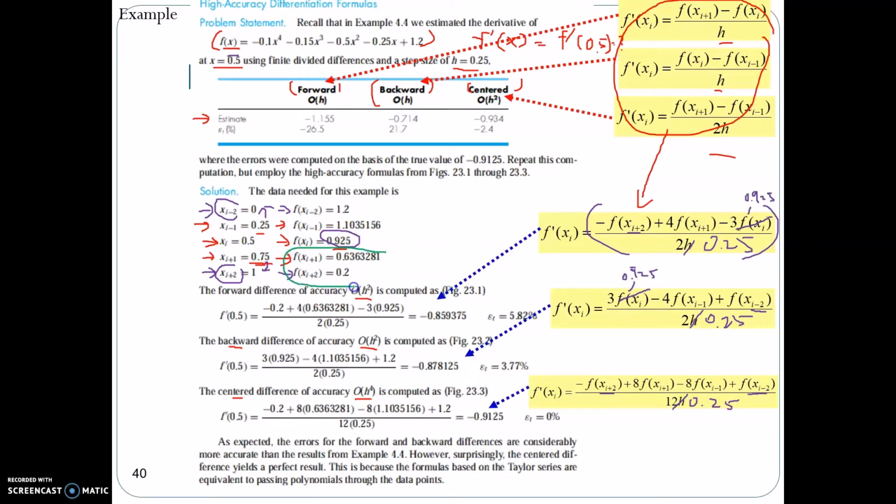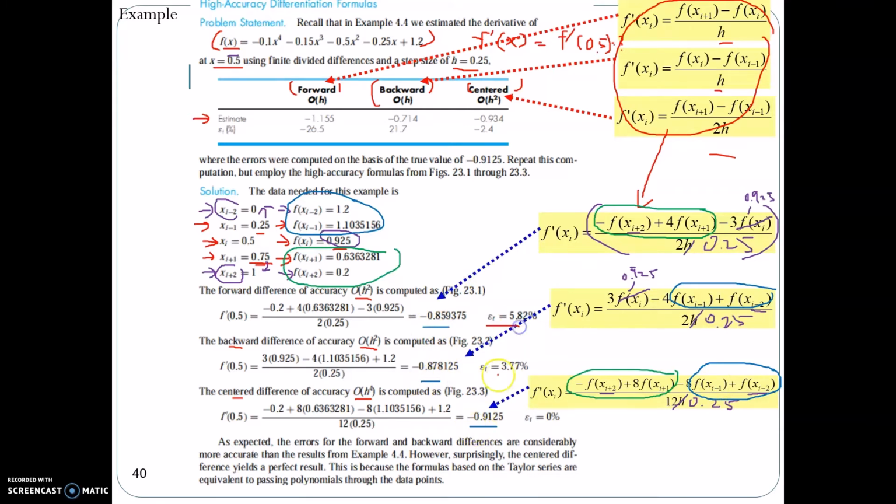Substitute the forward two points to the forward formula and the center formula here. Lastly, substitute the backward two points to the backward formula and the center formula here. Perform the calculation, then you should obtain these three results.